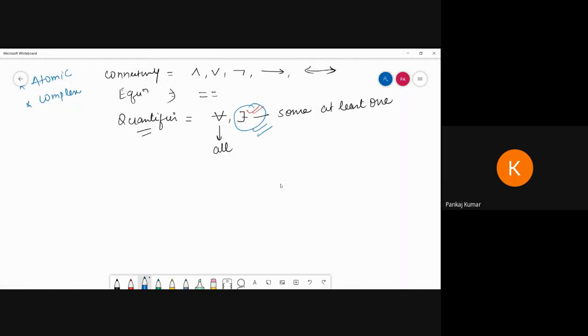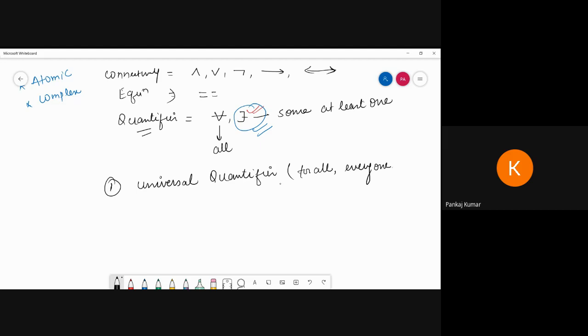Now this is a discussion about the quantifiers. Quantifiers are language generators of quantification. The first one is called the universal quantifier, also called for all, or we can say everyone.